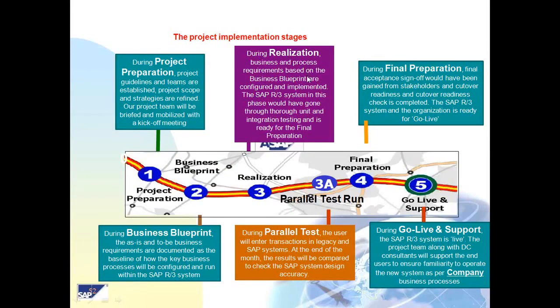So the business and process requirements based on the business blueprint, which are done in the second phase. Here we are configuring the system, and implementation and configuration is possible in the SAP R/3 system. In this phase, we go through thorough unit and integration testing and also get ready for the final preparation.